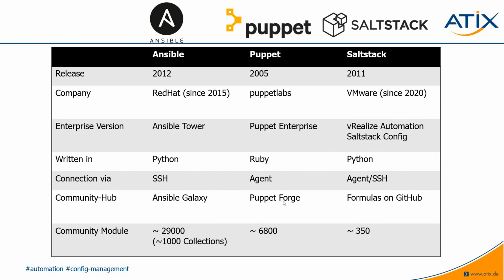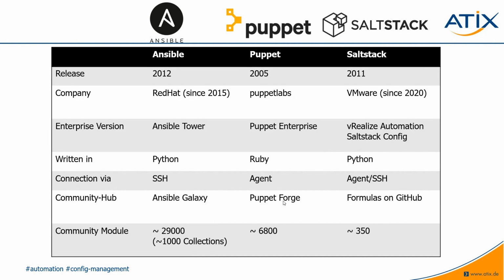On the other side, SaltStack is available via SSH. This means I also have the possibility to push my configuration onto the system without having a Minion installed on this system. So in this case, SaltStack is more flexible because you have the choice.